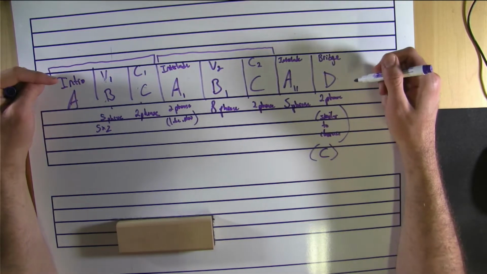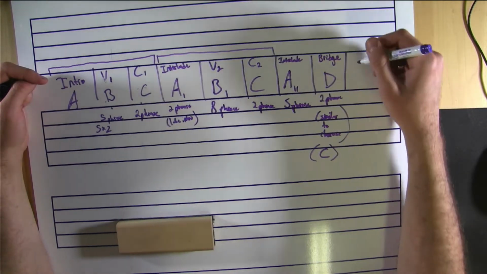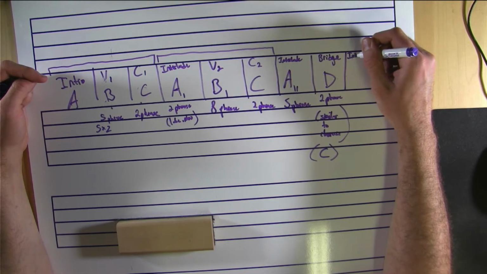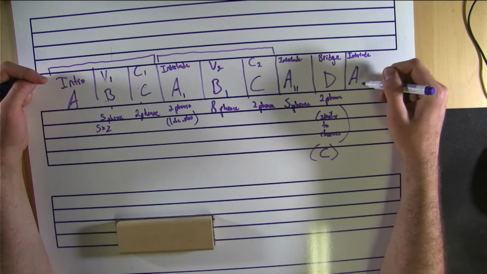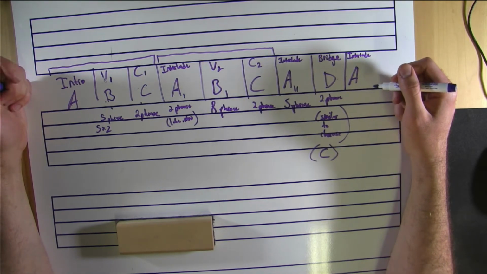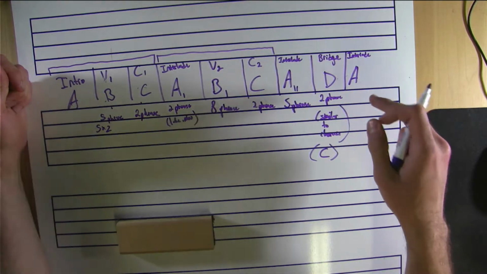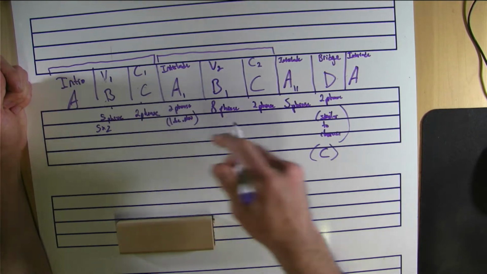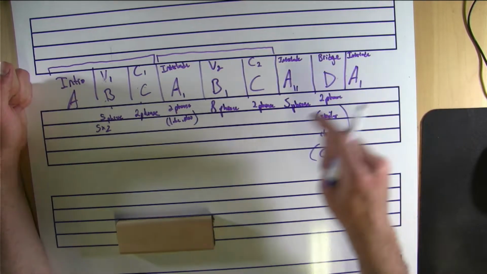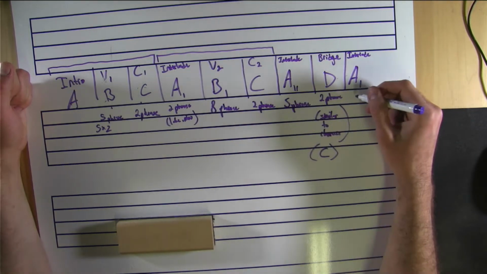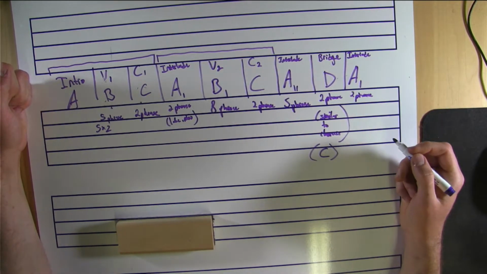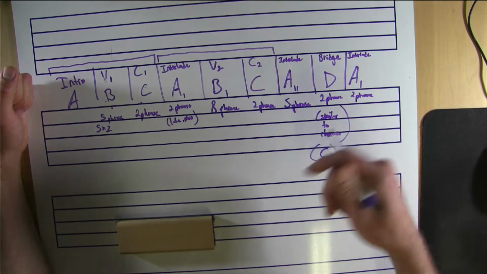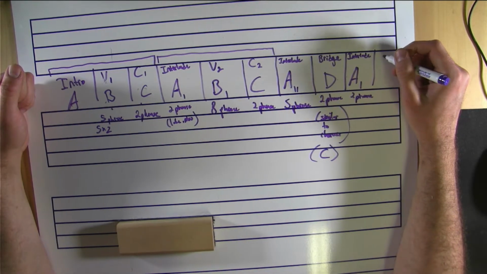And after the bridge, we get another interlude. And this time, this interlude is the same one as we had back here. So this is A prime, where it's a 2 phrase again. Okay. And then after this interlude, we have a chorus.